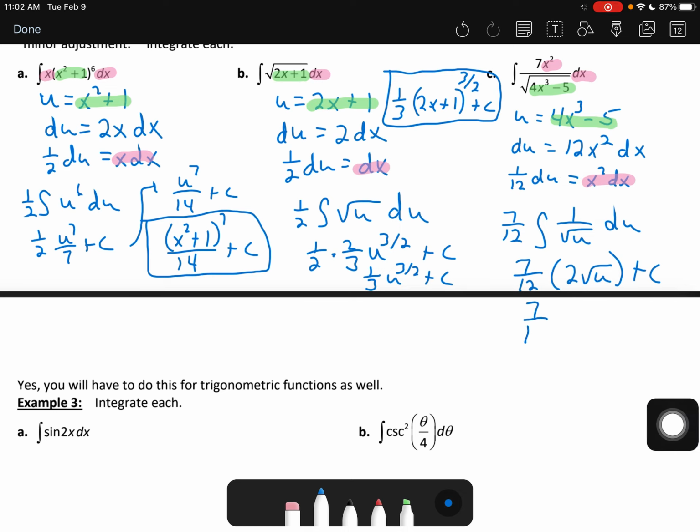So that's 7. Well, you know what? When I multiply that, 7/12 times 2 is going to become 7/6 if I reduce that 14/12. So it's going to be 7/6, and then the square root of 4x cubed minus 5 plus c.